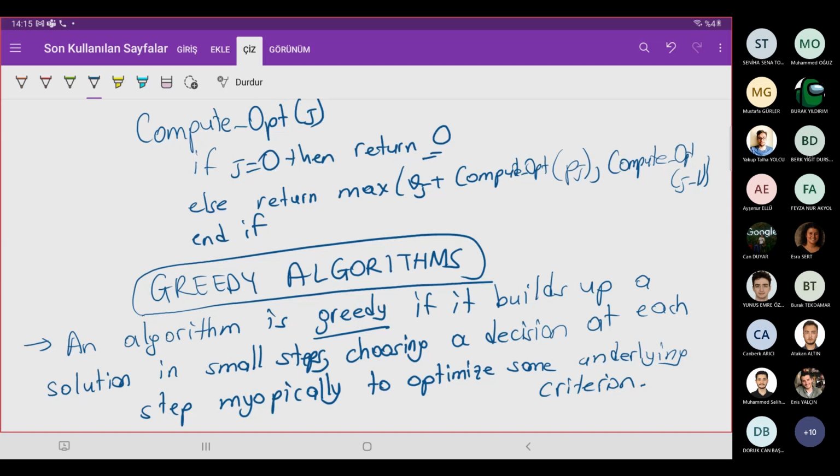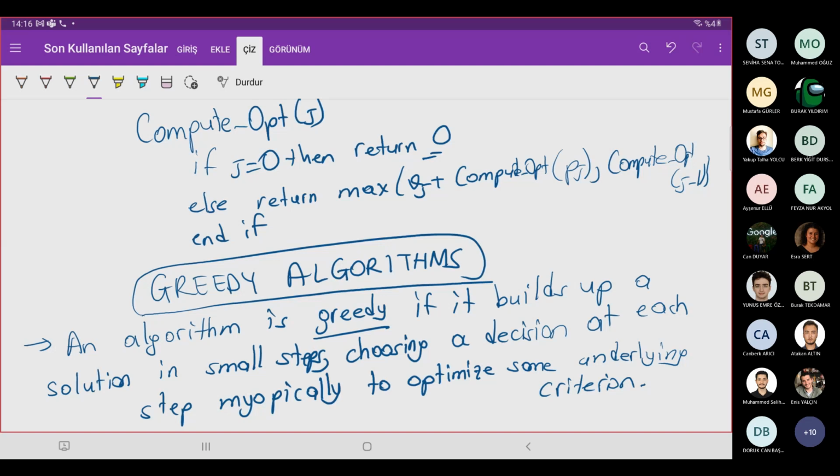Secondly, it's actually very natural. If somebody asks you about a problem and you need to solve it, and you have no idea how to solve it, usually the first approach that comes to your mind is a greedy one, okay? And it's actually similar to many decisions that we make in life, okay?